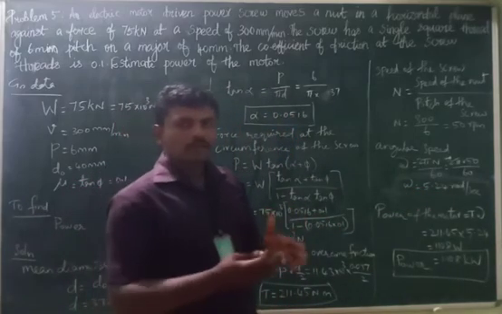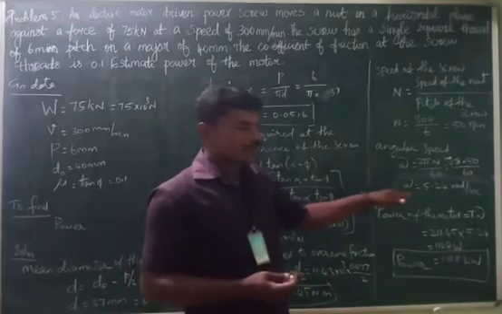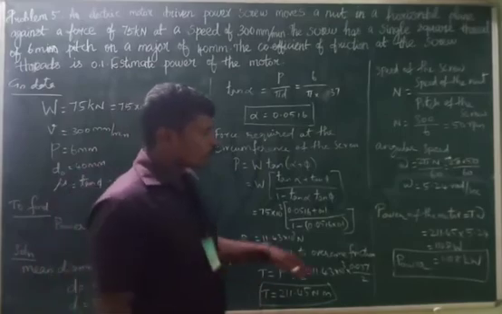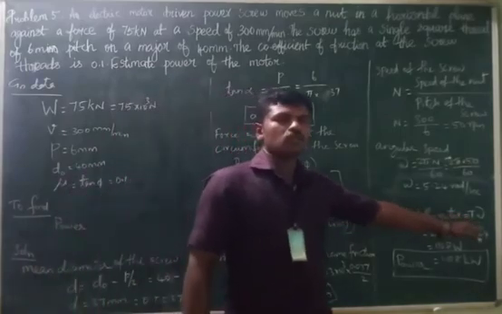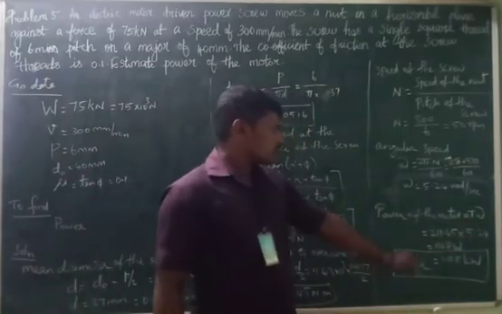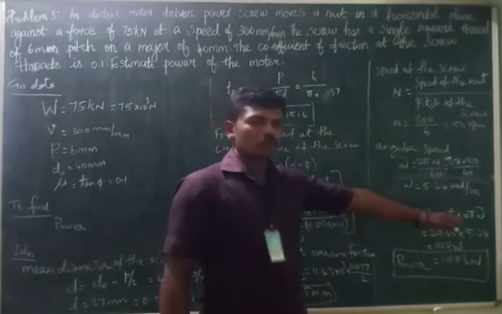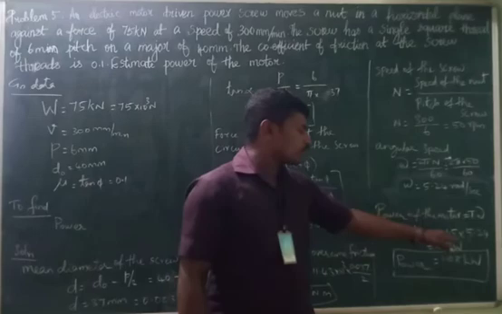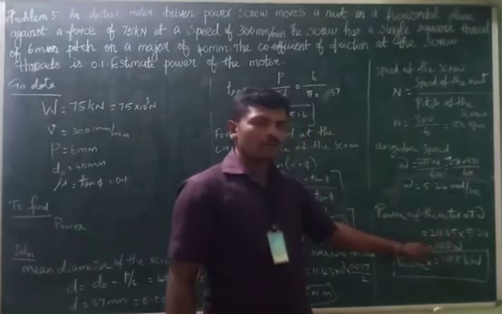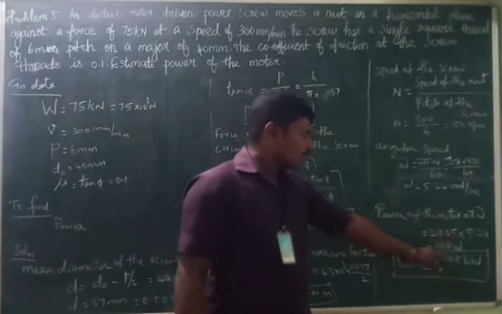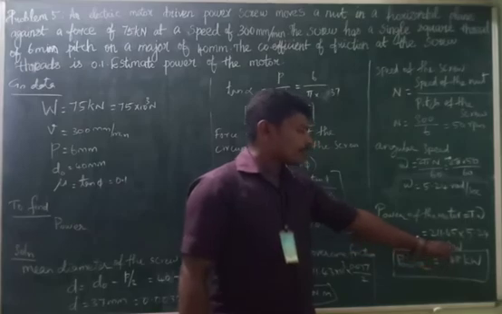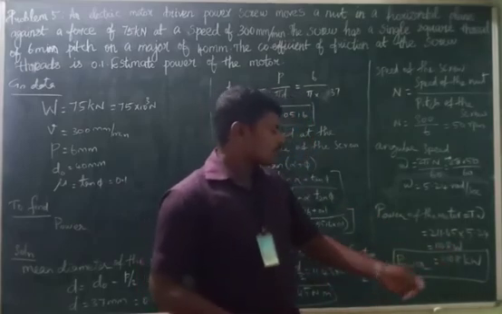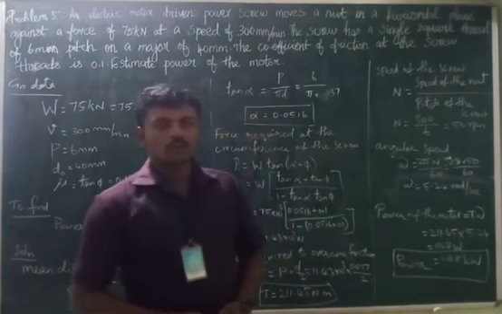After finding the angular speed and the torque required to overcome the friction, we substitute them in the power required, otherwise the power of the motor. The value will be 1108 watts. Finally, the power is 1.108 kilowatt.